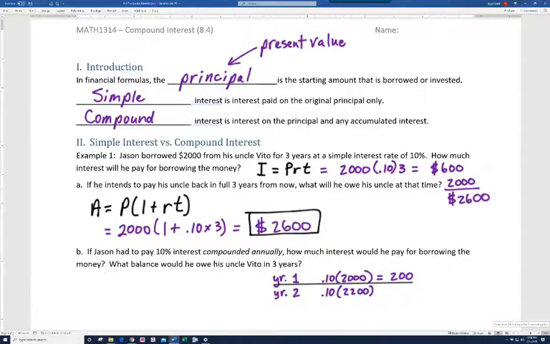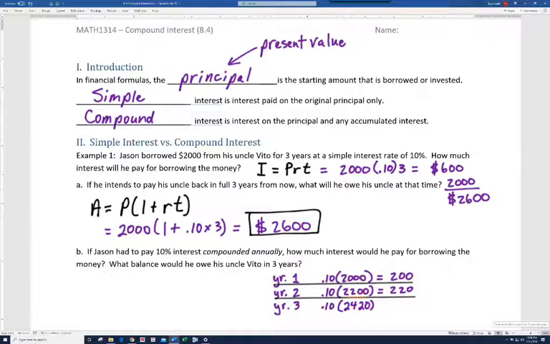And so the interest that'll have to be paid at the end of year 2, or I should say it'll be applied to the account after year 2, is $220. And now that's going to be added to the $2,200 that he already owes. And so in year 3, Jason's going to pay 10% of $2,420.